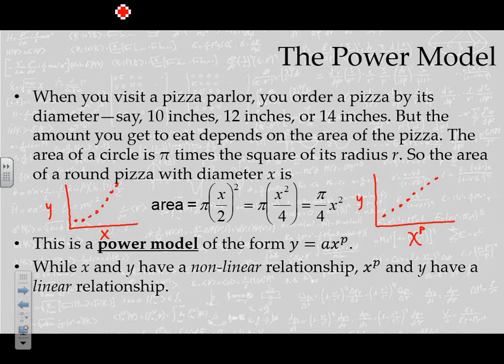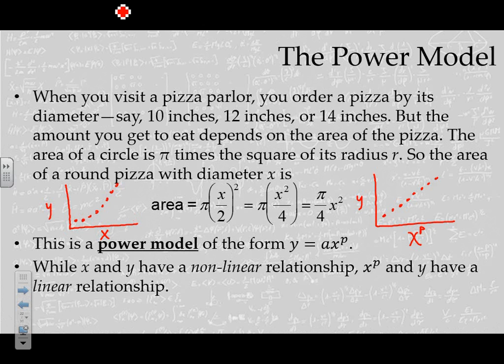So for instance, if I looked at my pizza problem here, if I just used x versus y, I'm going to get this parabolic shape. Because I have to take every x value and square it first, which means as my x values get larger, the y's are going to get larger by a squared value. Okay? So it's going to start curving up steeper and steeper and steeper there.